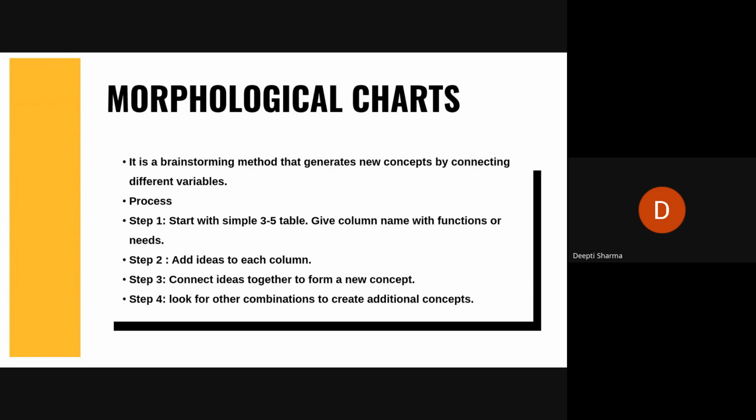We can correlate different fields, whatever we have learned in mechanical engineering, with computer science programs and models, etc. All artificial intelligence models can be correlated with blockchain concepts also. Even data science and AI can be merged together. So all these ideas can be merged to generate new ideas, and a research outcome can be done on the basis of morphological charts.